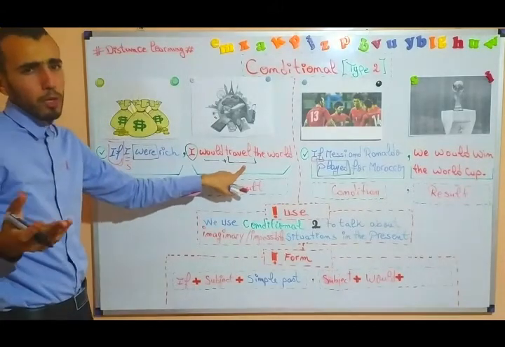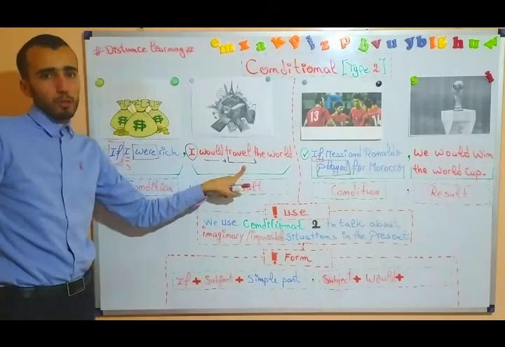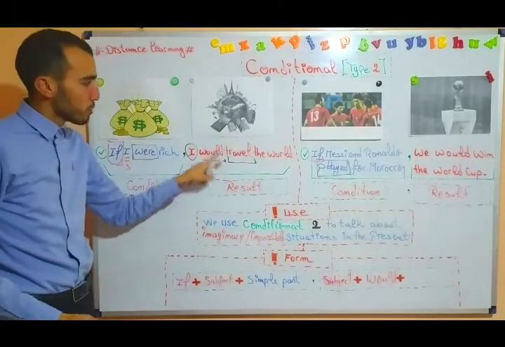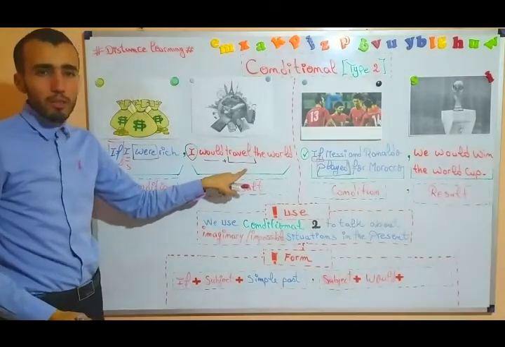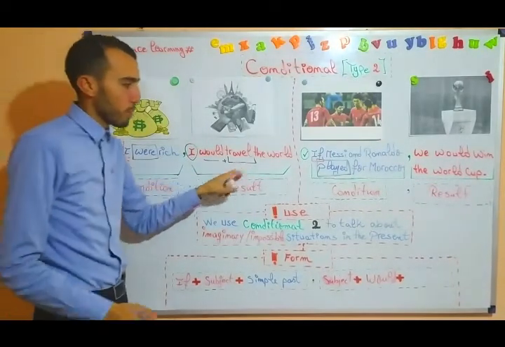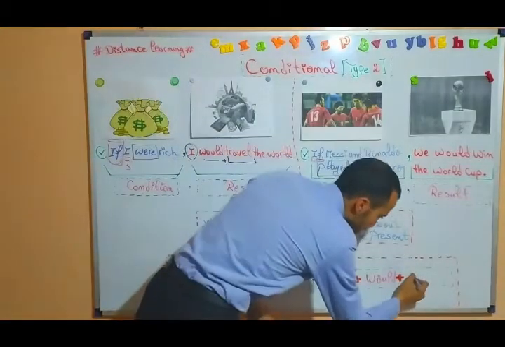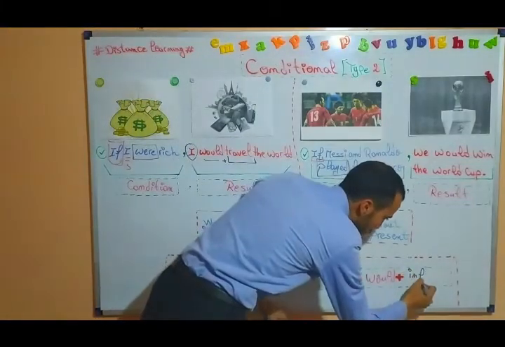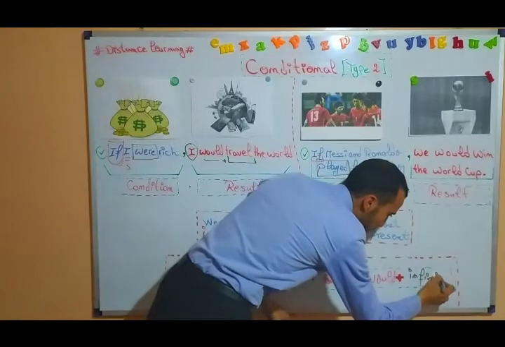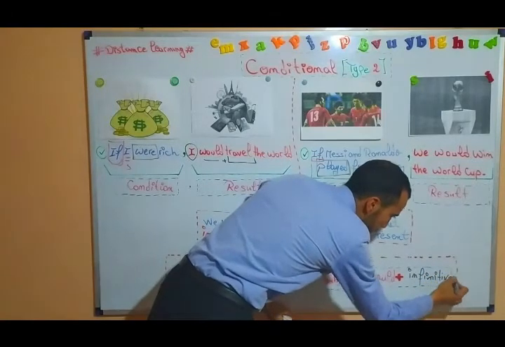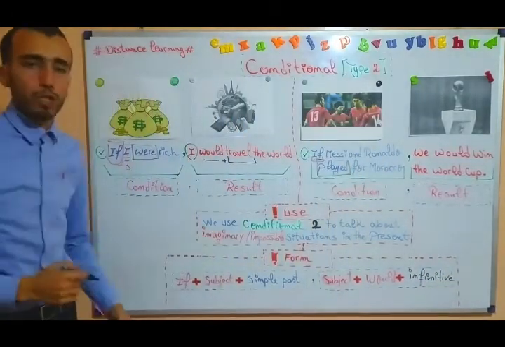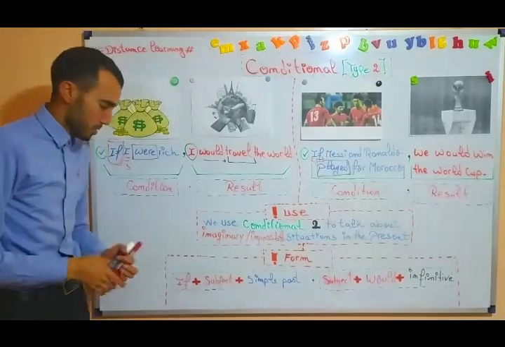So you all know, as we have seen within the modal verbs lesson, that modal verbs are followed by the infinitive, or the bare infinitive, that means infinitive without to. So would plus infinitive. That is the structure we use for conditional type 2 sentences.